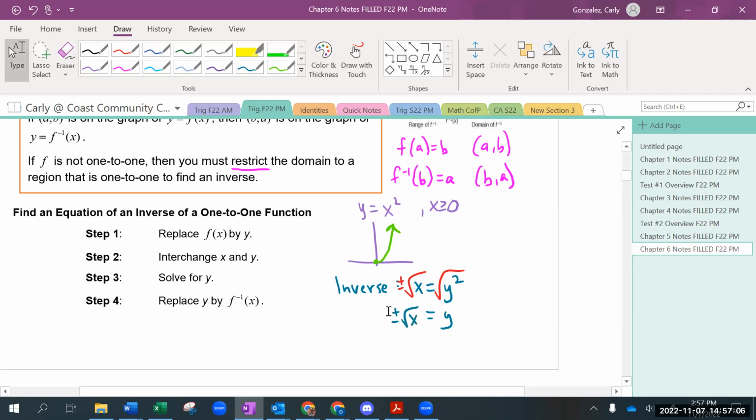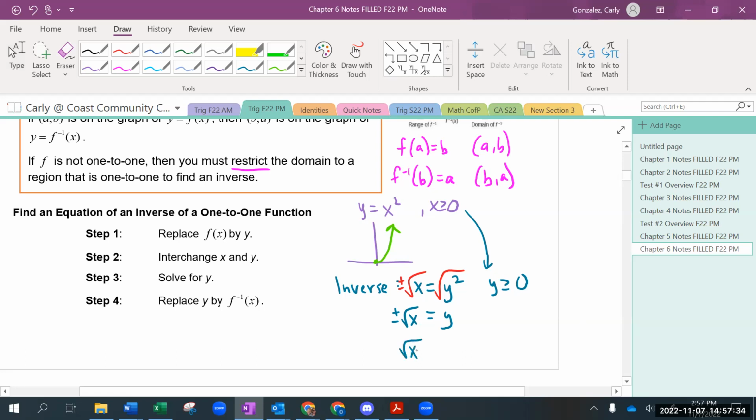But we actually don't want both pieces. Since x is greater than or equal to 0 for our original function, then for my inverse, remember x and y are switched, y has to be greater than or equal to 0. If that's the case, then I only want the positive square root of x.